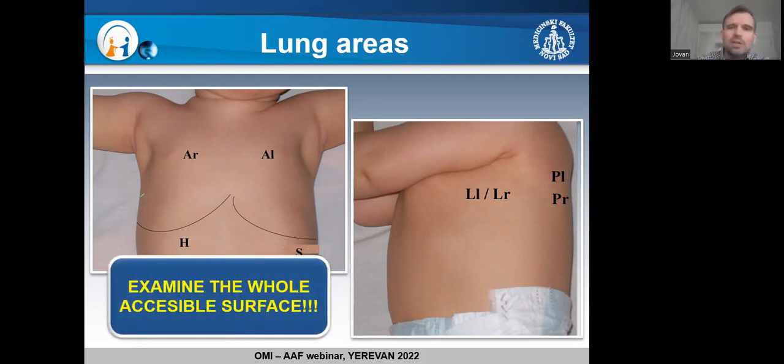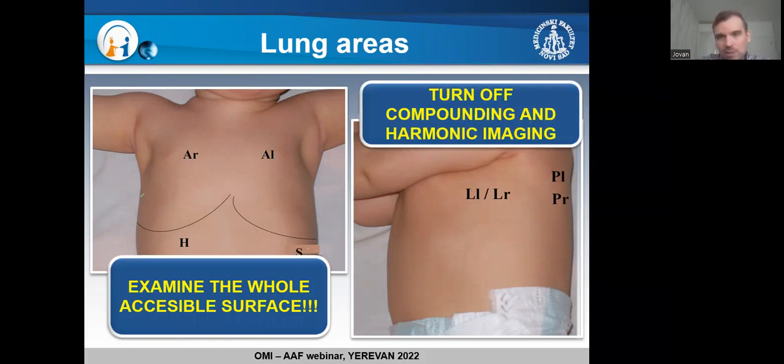You examine your patient. The only thing that matters is to examine the whole accessible surface of both hemithoraces. And my suggestion is to turn off compounding and harmonic imaging, because lung ultrasound is based on artifacts.